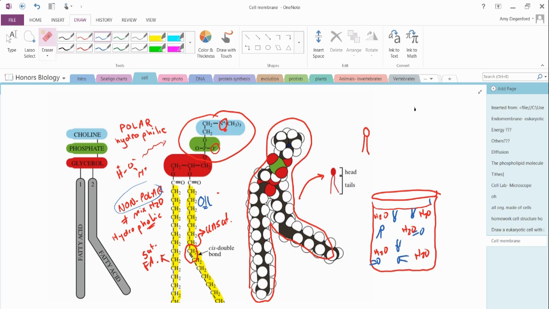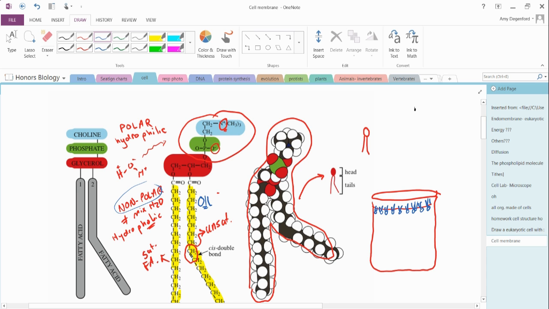So usually if I ask students to ponder what happens after a few minutes of letting these things settle, what is it going to look like? And I usually get a couple of answers, and they're both very intuitive, very nicely done. If you are thinking, oh, these nonpolar tails are going to stick up, that's one possibility, just like oil and water.